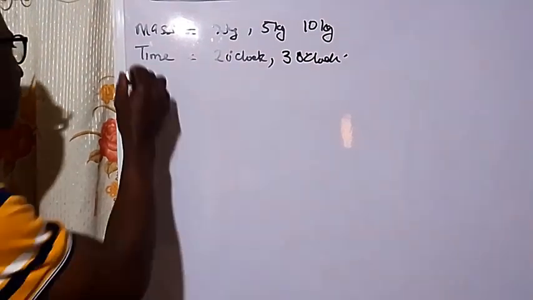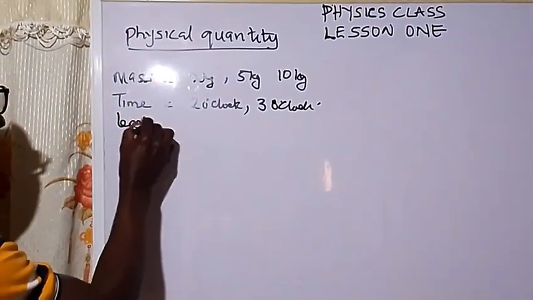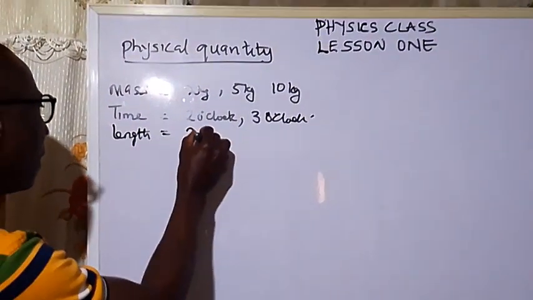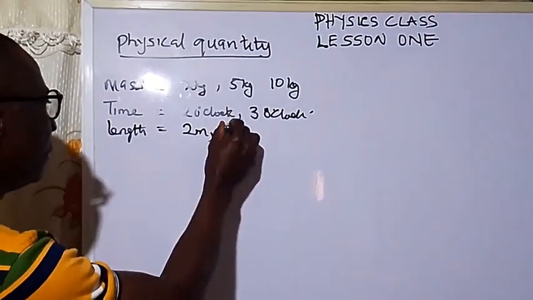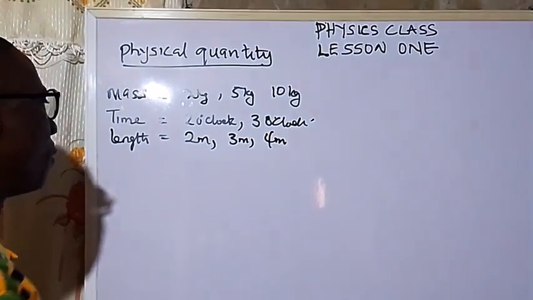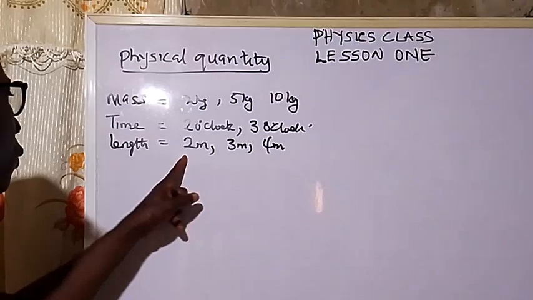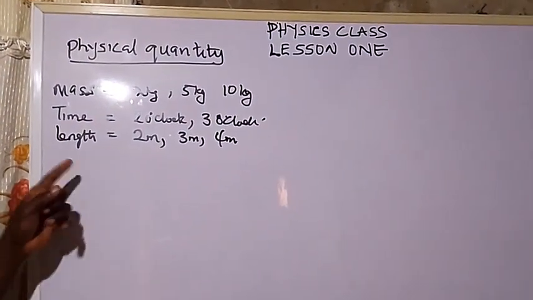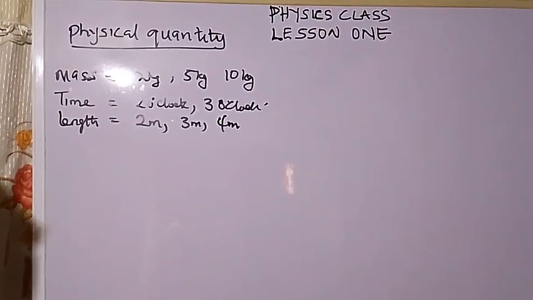Another example is length. Length can be 2 meters, 3 meters, 4 meters, depending on what you want to measure. All these 2, 3, and 4 are the magnitude ascribed to length.